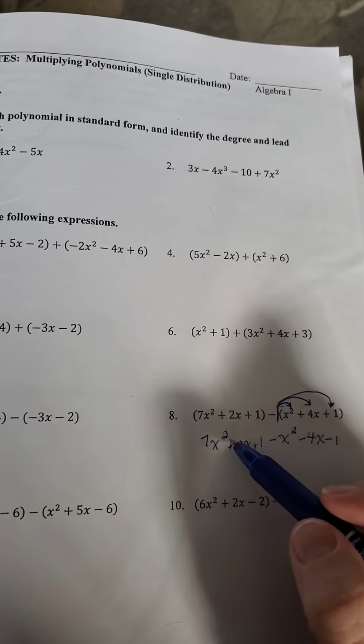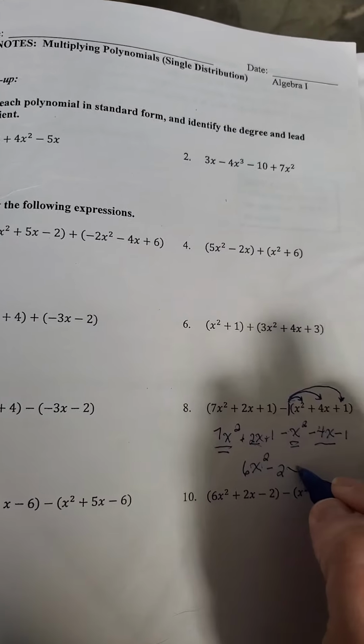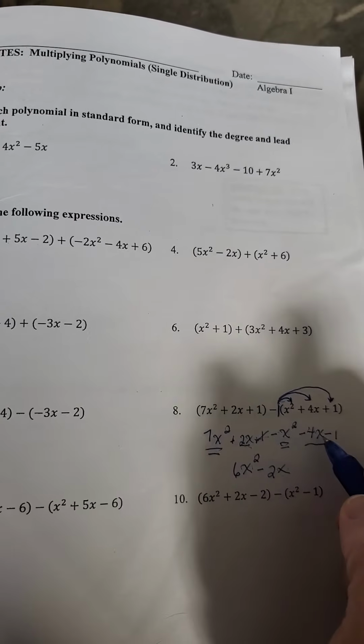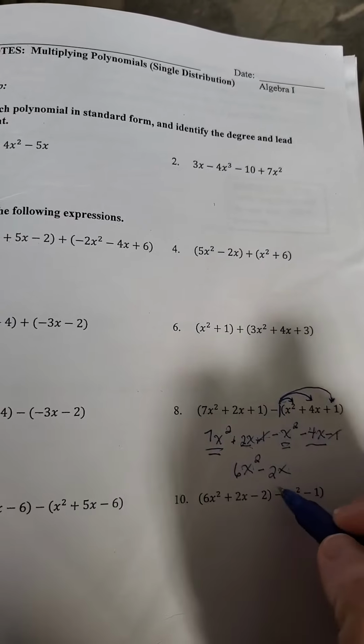We don't change exponents. We only combine the ones that have the same exponent. Here we have an x squared, and here we have an x squared, so combining those two, we get 6x squared. This one has 1x, and this one has 1x, so we can combine those and get a -2x. And then a +1 and a -1 cancel out. So this is what we're left with.